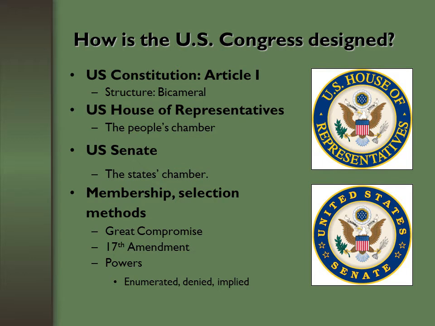I think you already know, because we covered it in the previous lecture, that Article 1 talks about Congress in the U.S. Constitution. Remember that because of the Great Compromise, the debate between large versus smaller populated states, ultimately they came to a great compromise, creating a bicameral legislature with two chambers.